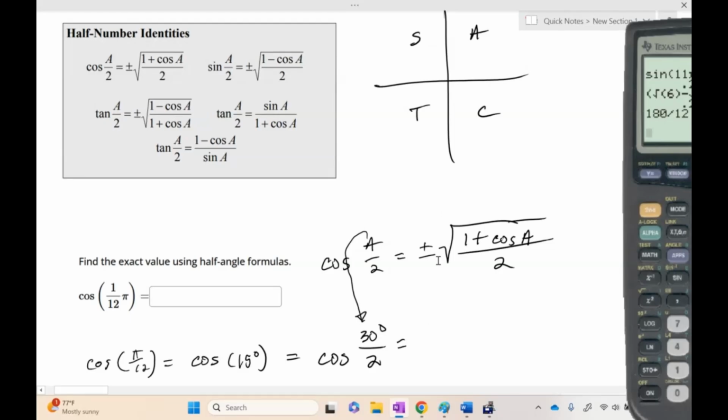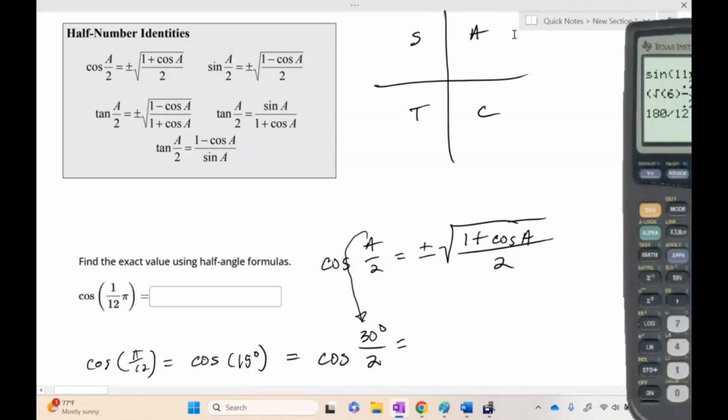But first, I need to take care of this plus or minus. I'm finding the value for a 15-degree angle. I don't want to deal with this angle right here because I'm actually trying to find the cosine of 15 degrees. What quadrant is 15 degrees in? The first one. If you're in the first quadrant, is the cosine positive or negative?